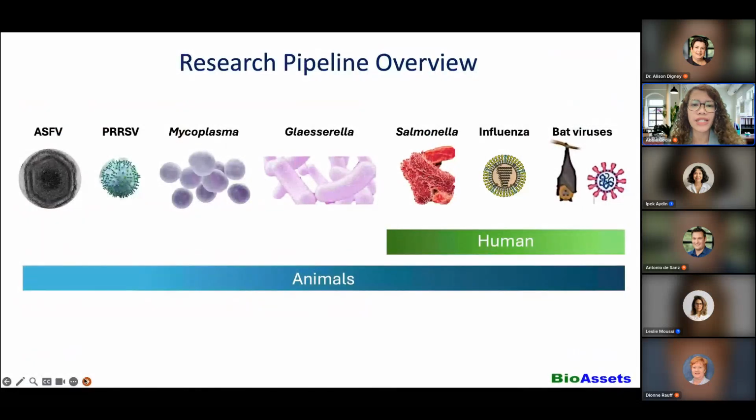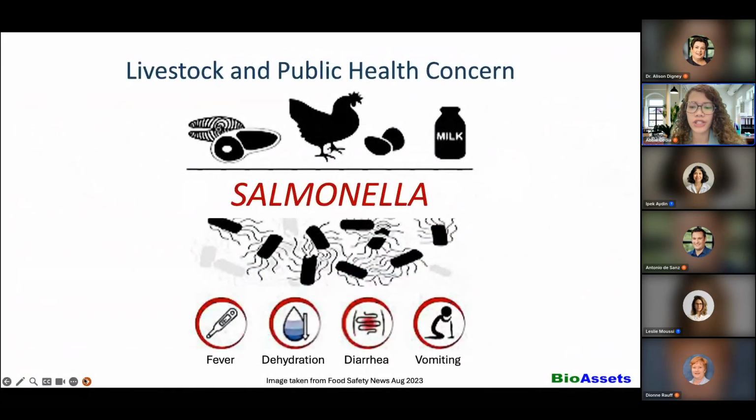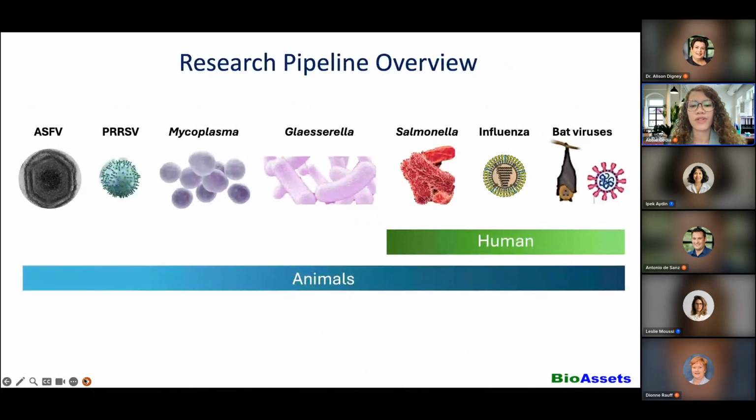So here is our research pipeline, and today I will focus on salmonella. As you can see, it's not just a problem in animals or livestock, which is where we are. We are a veterinary laboratory, by the way. It also impacts humans as well.